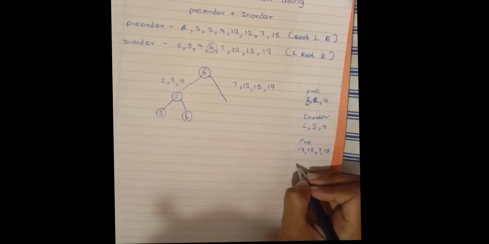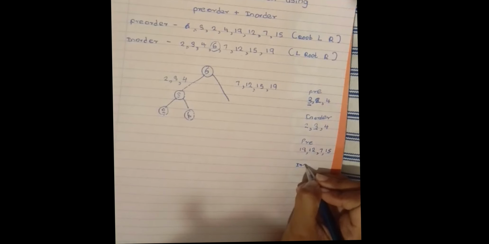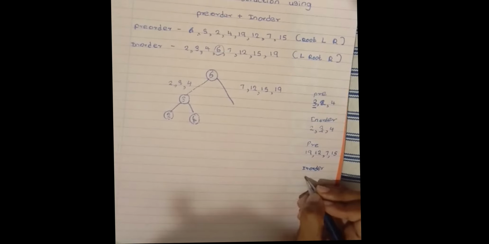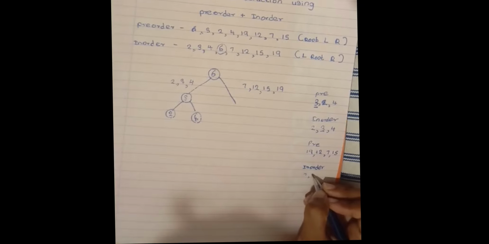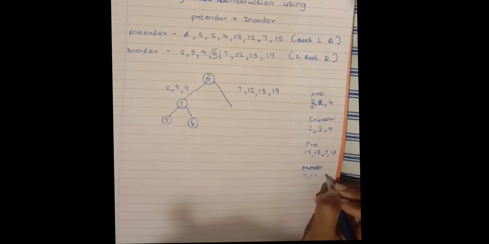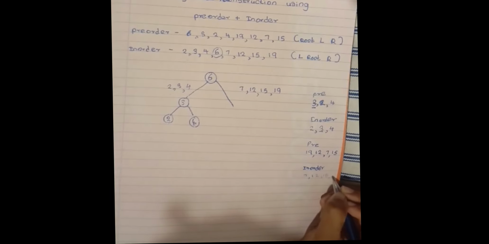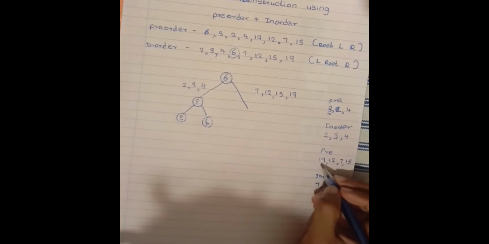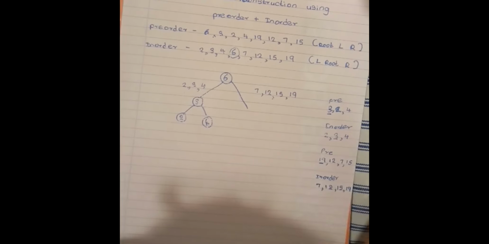And as for the Inorder: 7, 12, 15, 19. In Preorder, 19 is the root.